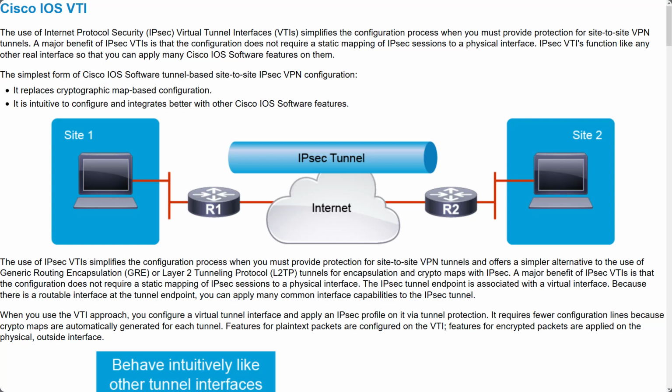And in this configuration, that IPsec tunnel endpoint actually gets associated with an actual virtual interface. Because we have a routable interface at the tunnel endpoint, we have a lot of the common capabilities that we would typically see with routing that can now be applied to our IPsec tunnel, right?